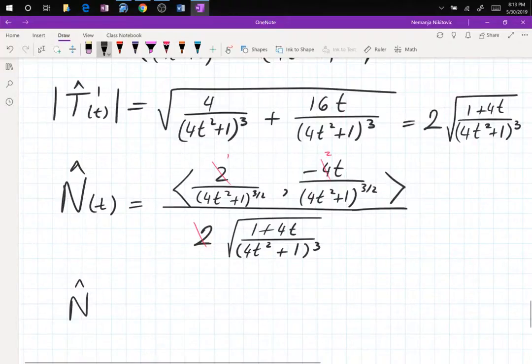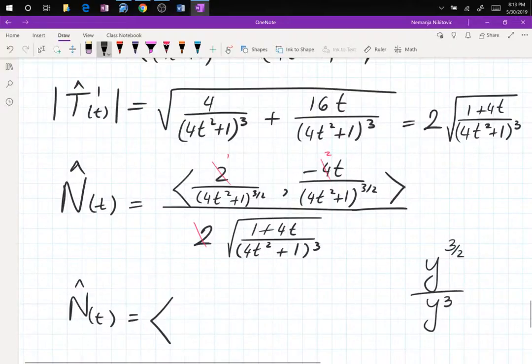So the normal unit vector is going to be given by, if you just call the whole mess y, you have y to the 3/2 divided by y cubed. No, it's the other way around. So when you subtract these powers, 3 minus 3/2, you're going to get 3/2.